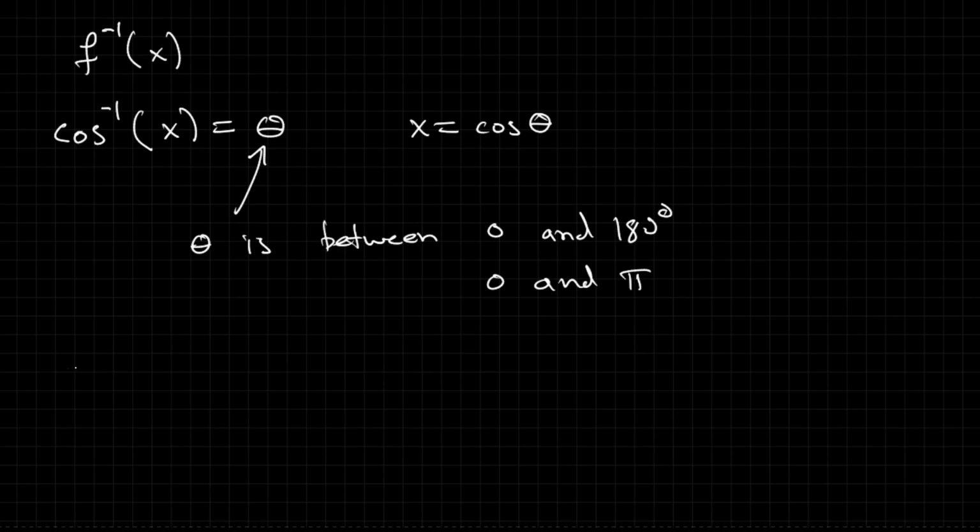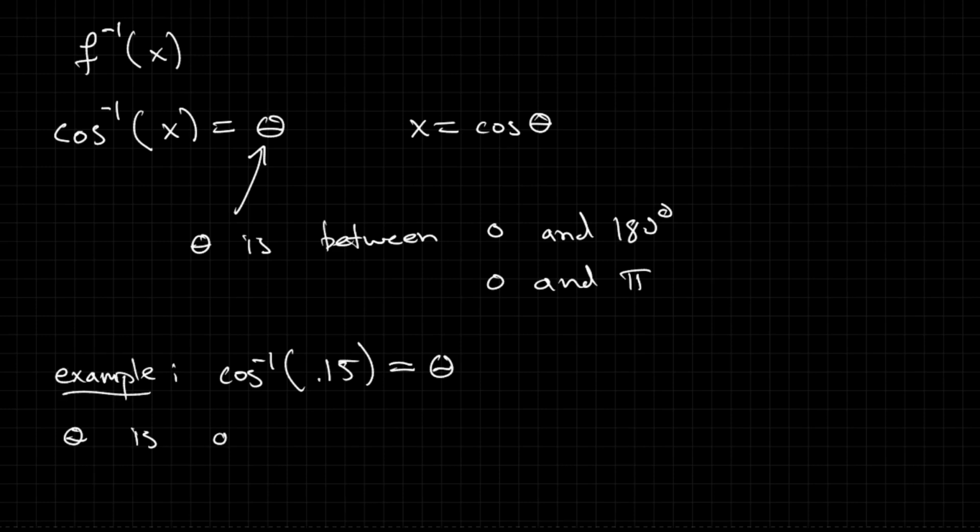What you should know is if you do cosine inverse of some number, let's say 0.15, then the output theta will be an angle between 0 and 180 degrees. So 0 less than or equal to theta, and very technically this is strictly less than 180 degrees.